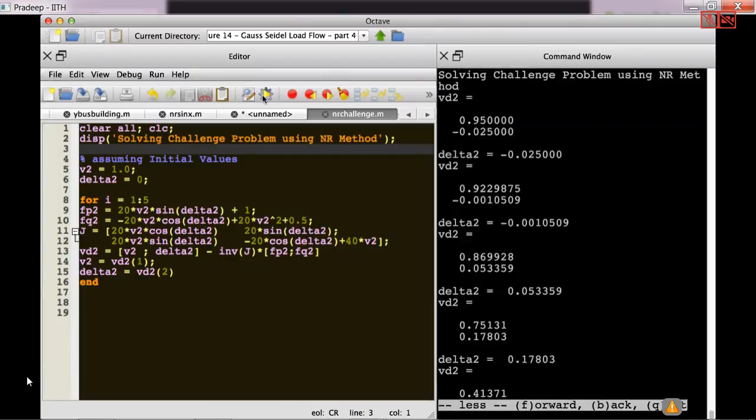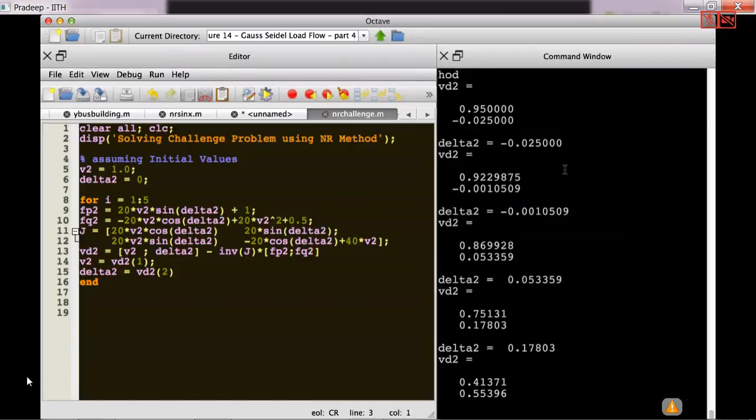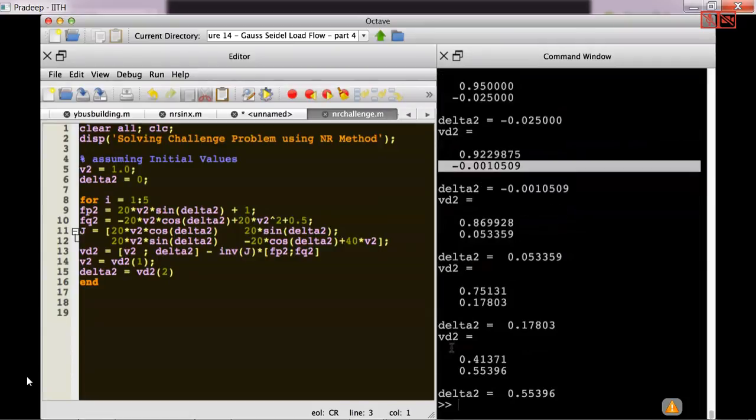If everything is correct, I should be able to get the correct solution. Okay, once I run it, you see somewhere 0.922 and then minus 0.001, like that we are getting, and later on it is not continuing further.